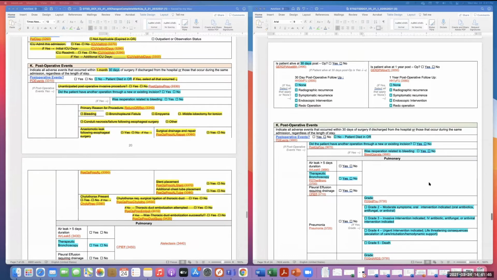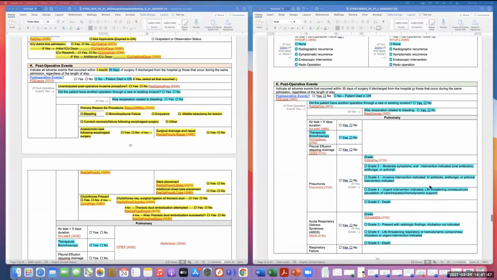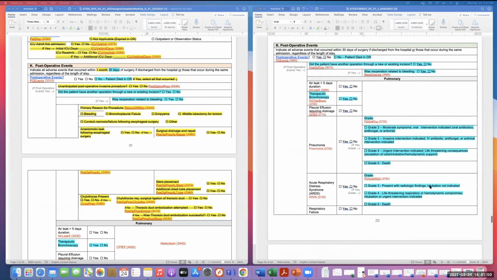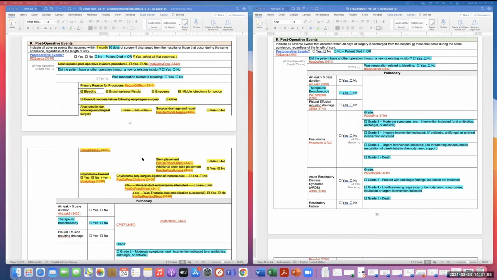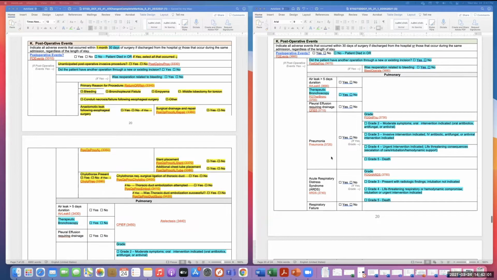Post-op section, we've had some major changes here, and I'll let Dr. Wormuth take this over. We tried to align with the ESOS database, and I forget the initial CTCAE, I think, or something, Dr. Wormuth. Yeah, so the definition. CTCAE is an oncology grading system for the severity of complications, and mostly applies to sort of chemotherapy, radiation therapy problems, but actually overlaps somewhat very nicely with our complications that we ask about.